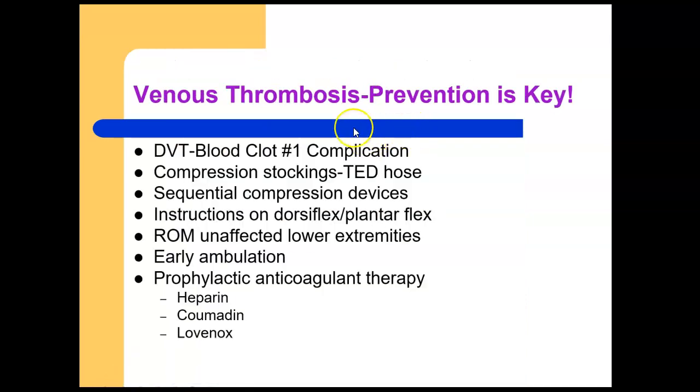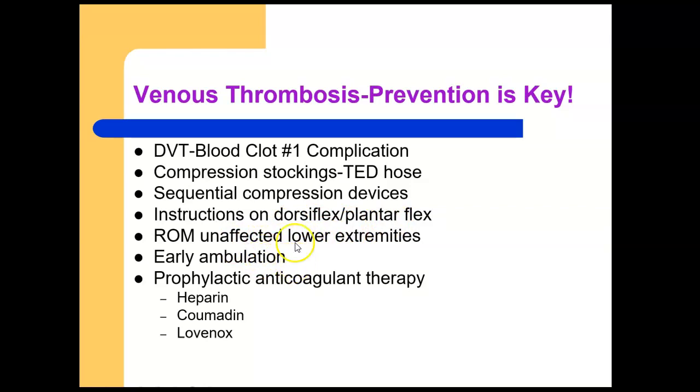And then venous thrombus prevention. Prevention's key. You've probably already talked through in fundamentals that we want to prevent blood clots: our SCDs, even just having patients do foot pumps with their feet if they can't move an extremity. So dorsiflex, plantar flex, range of motion of unaffected extremities.